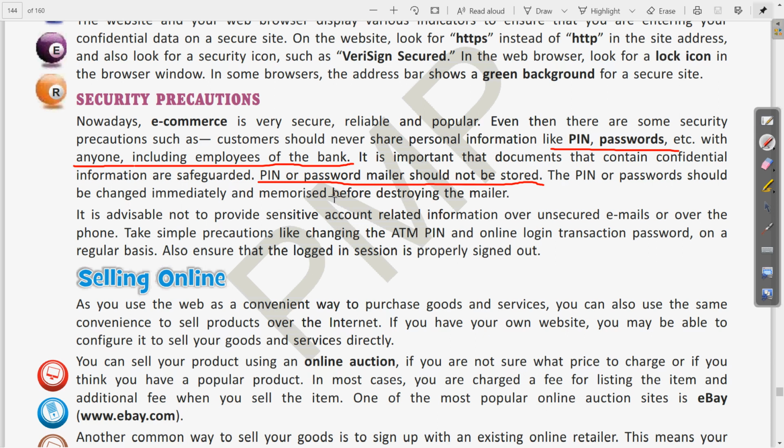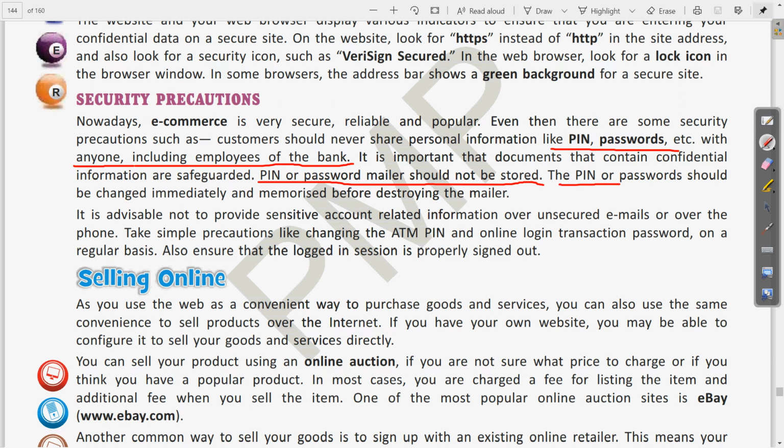So whatever mail we receive having the PIN and password should not be stored. Clear? Once you have reset it, after reading, all of it should be deleted. Clear? So it should not be kept in the mail or in the message, on whatever device you are using.